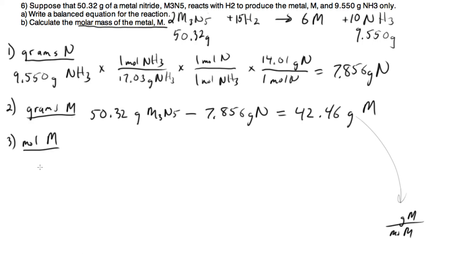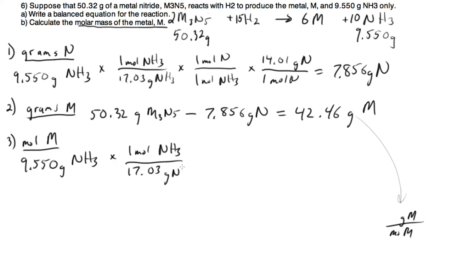So I'm going to start off, and there's different ways to do this. I could have started with this nitrogen. I'm actually going to start with 9.550 grams of NH3. Okay, and then I'm going to take 1 mole NH3, 17.03 grams NH3.